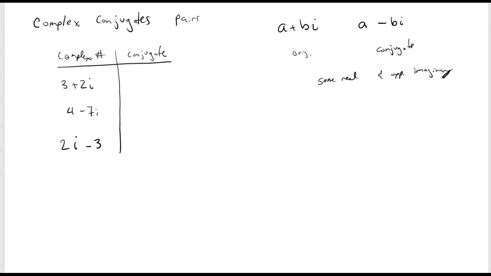So knowing that, if I look at my list, I have 3 plus 2i, and now I have 3 minus 2i. 4 minus 7i becomes 4 plus 7i. Now this one's tricky. I wrote it in a different form, but the 2i is the imaginary component, so it'd be actually negative 2i minus 3. Now, why are conjugates so important, right?